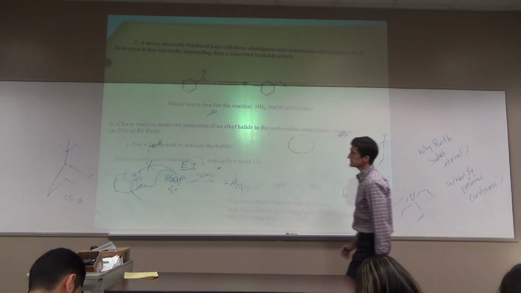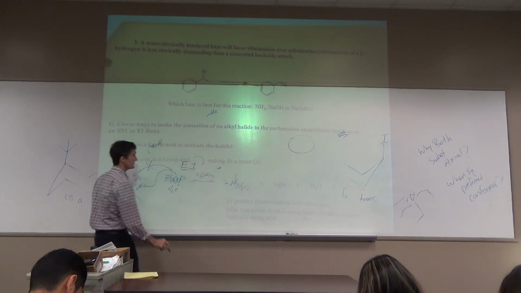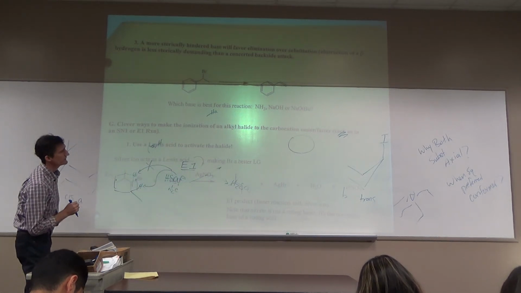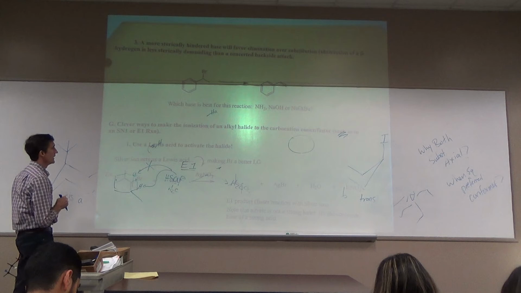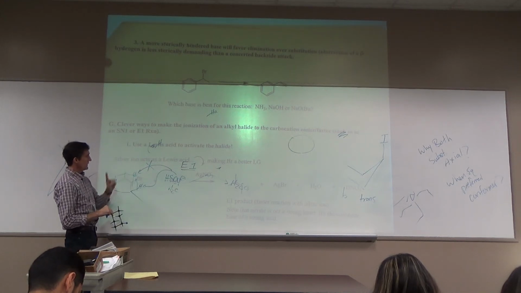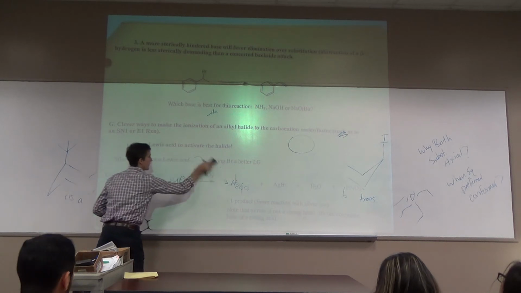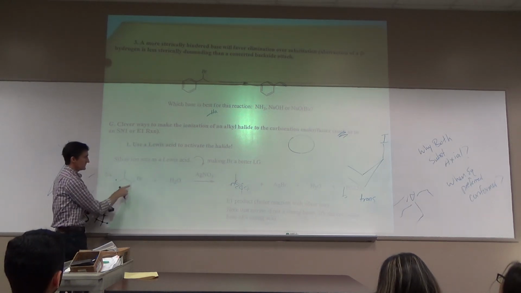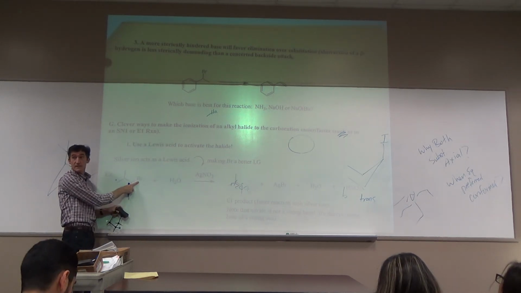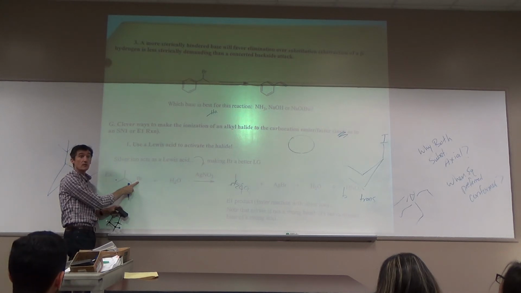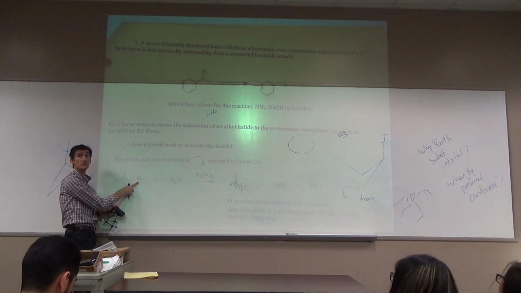What's next? Clever ways to make ionization of a halide to a carbocation easier. We haven't done this before. Something like bromine is a good leaving group. We don't need to activate it like we do an alcohol, but sometimes you may want to.